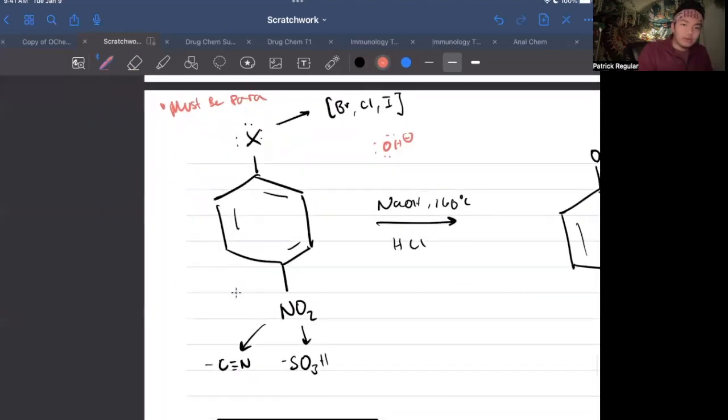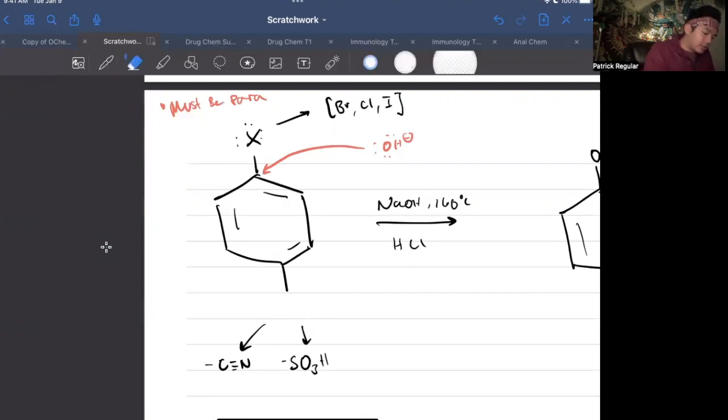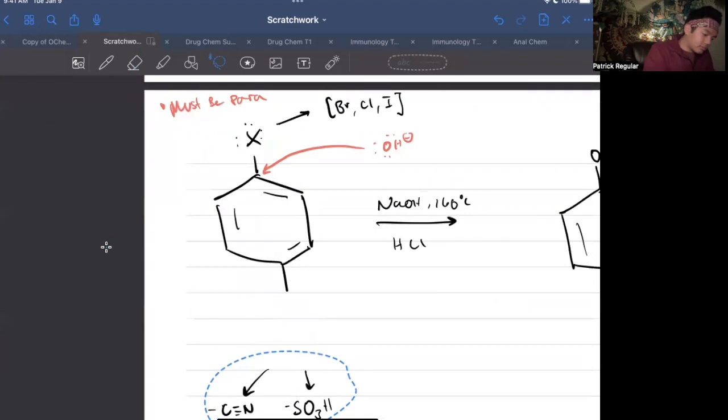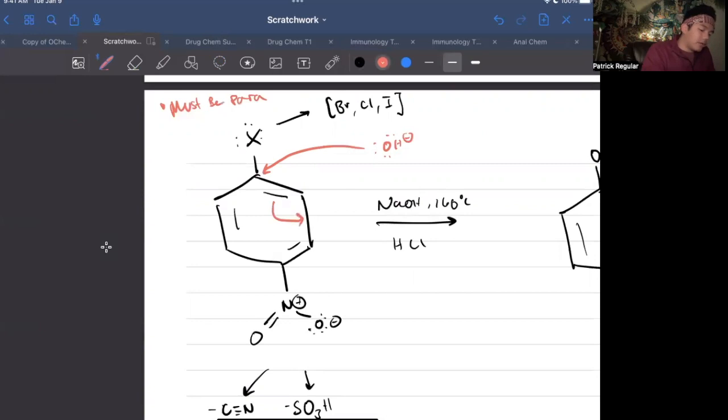It would want to attack this carbon, okay? And subsequently, let's draw out this nitro group. This is phase 1. Attack that, resonance over here, resonance over there. And then this over here.